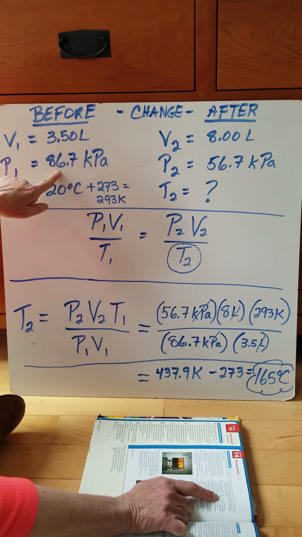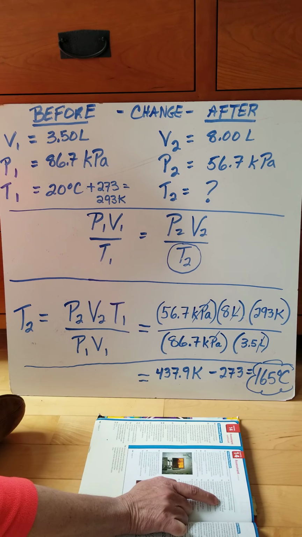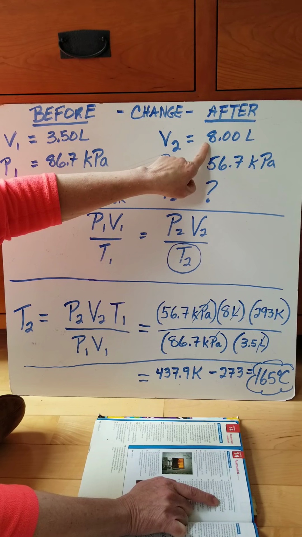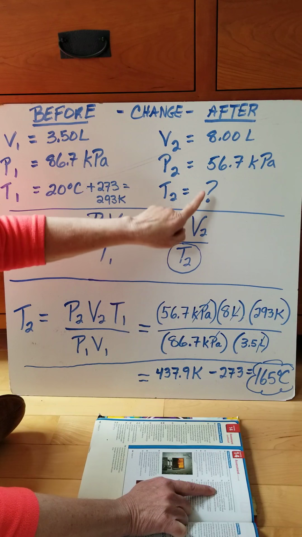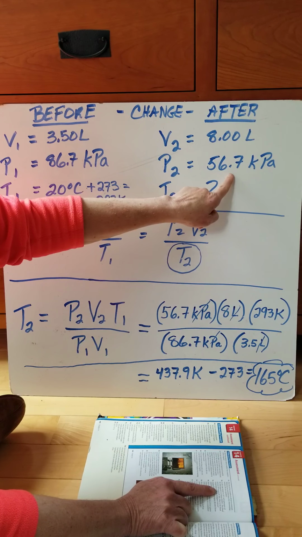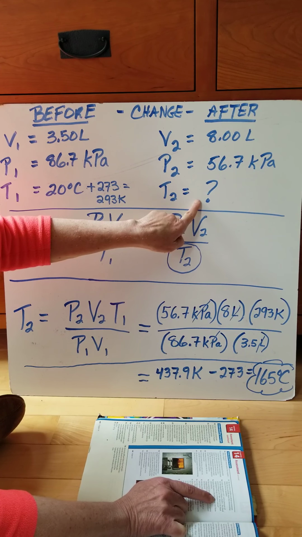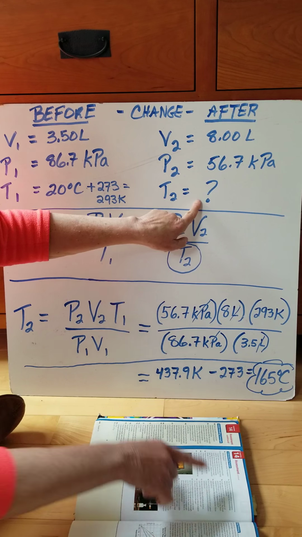Okay, I keep reading. It expands to a volume of 8 liters. That's my V2. The final pressure is 56.7 kilopascals. What is the final temperature in degrees Celsius?